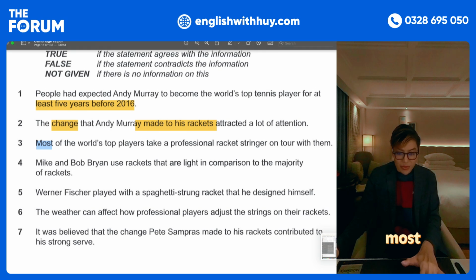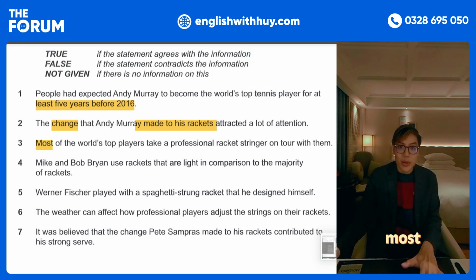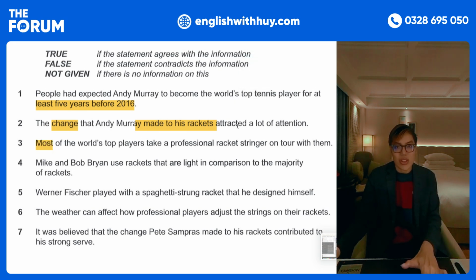If most of them do so, you can immediately choose the answer to be true. But if no one is doing this, or only a very small proportion of players are doing this, you would choose the answer to be false.